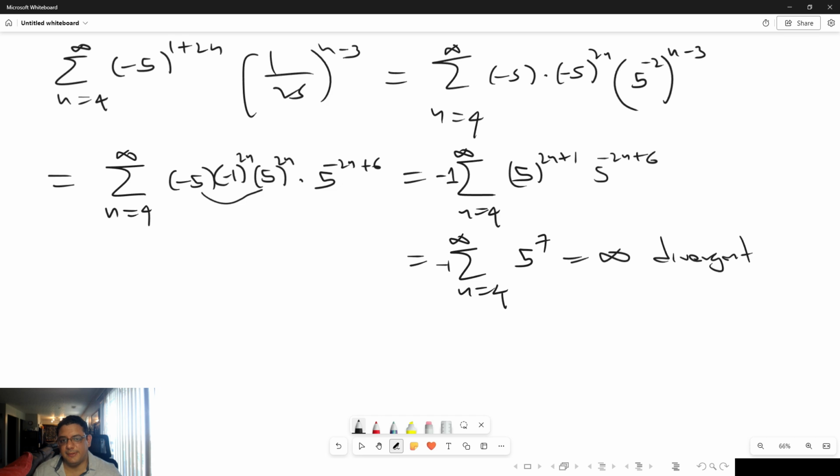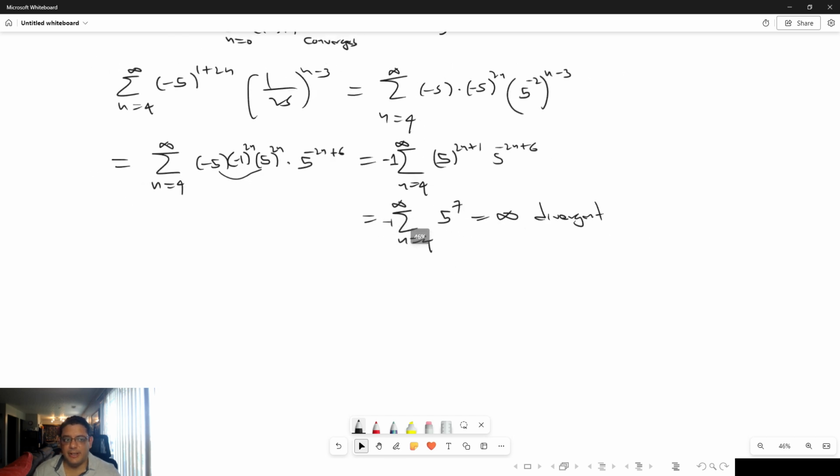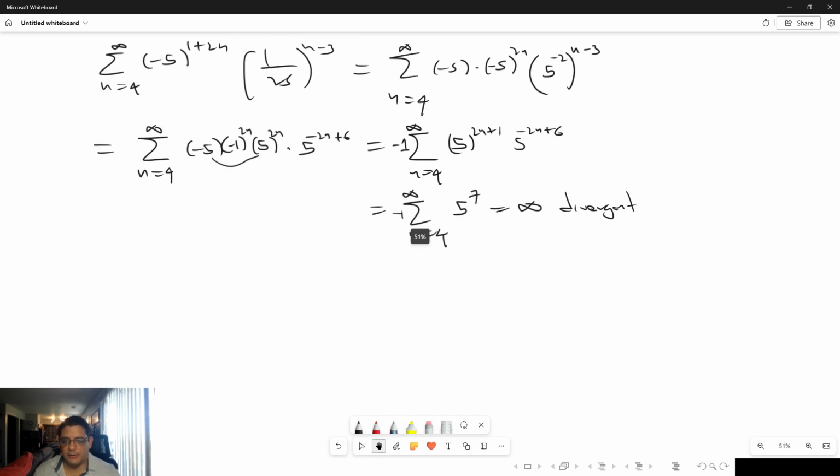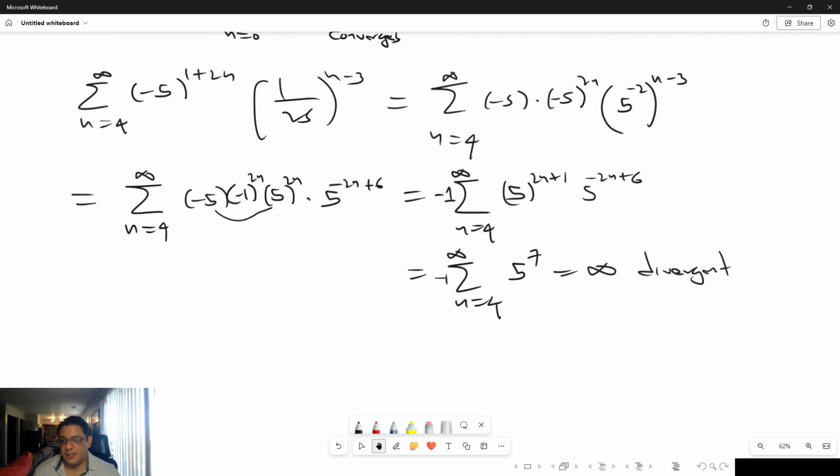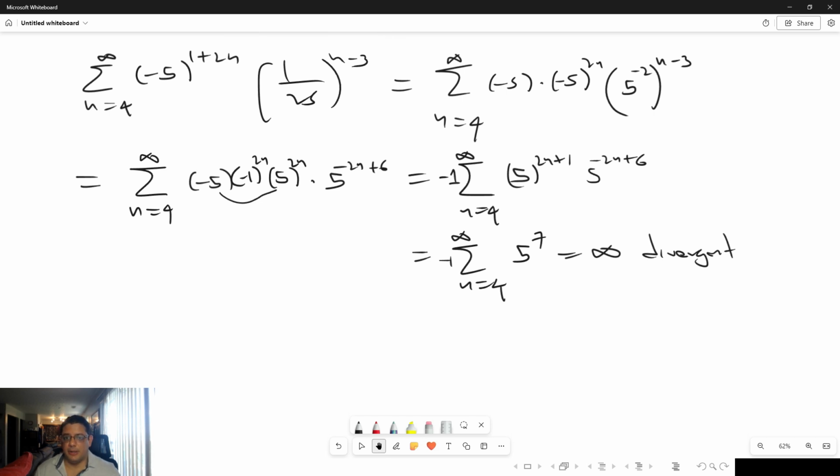So sometimes things that might look like they are something for the root test, they're not even going to be for the root test, because you can just simply get rid of some of the terms that are being used. Now, of course, I can still use a root test in here, and I should get the same result.